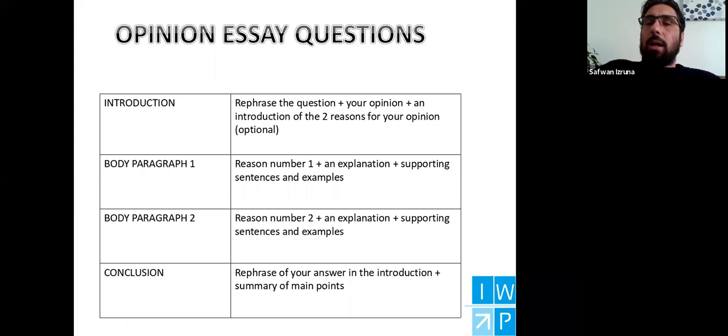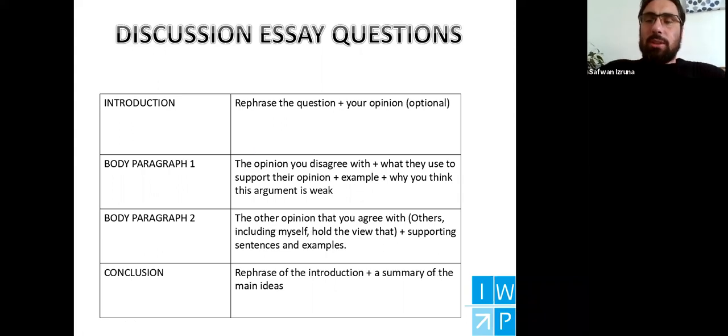Otherwise, you choose your answer, whether you fully agree or fully disagree, and you present your two main reasons, each reason in a separate body paragraph. In the conclusion, all we want to do is rephrase the statement from the introduction and summarize the main points.